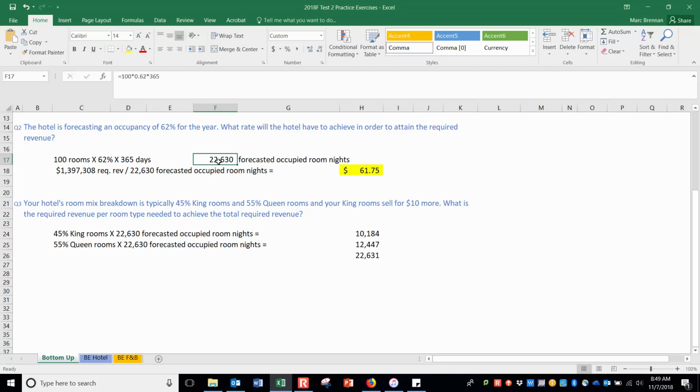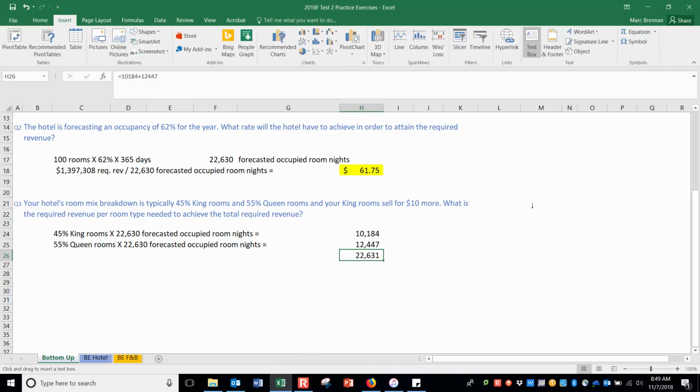We don't, but that's okay. It's not the end of the world. Basically, we're just going to calculate using these numbers because that's typically the breakdown. And 22,630 forecasted room nights, it's not going to change too much. We will have a different number at the end, but only slightly. Okay. So now this is where I'll start to write out some stuff.